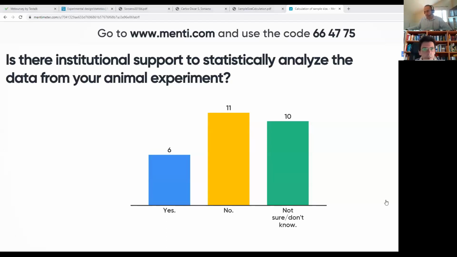Yeah, so it is more or less the same for the support to design the experiment and to analyze the data. It is kind of similar. So there is support probably, but maybe not so easy to find it. That's also a possibility. Yeah.